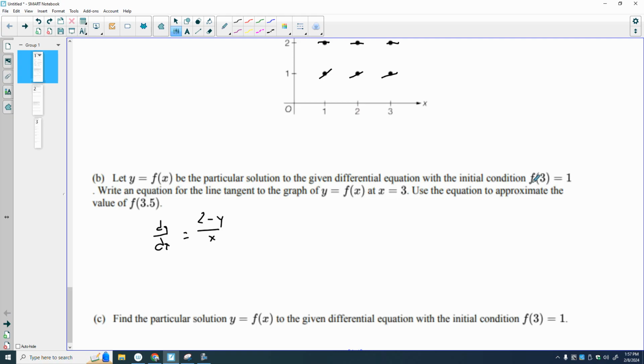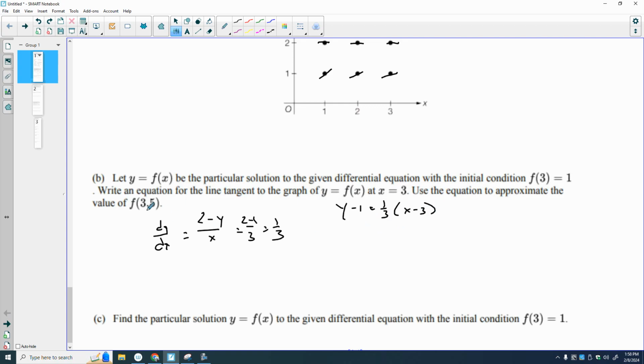And I'm looking for it at (3, 1). So x is 3, y is 1. My slope is 1/3. My point is (3, 1), so it's y minus 1 equals 1/3 times x minus 3.